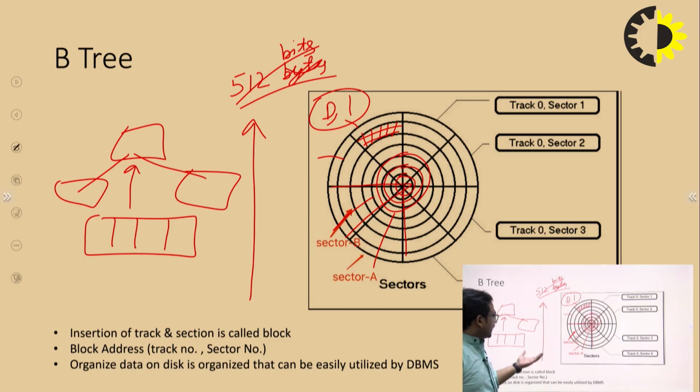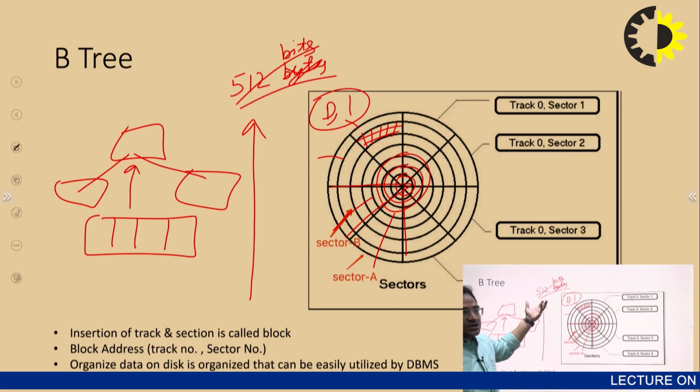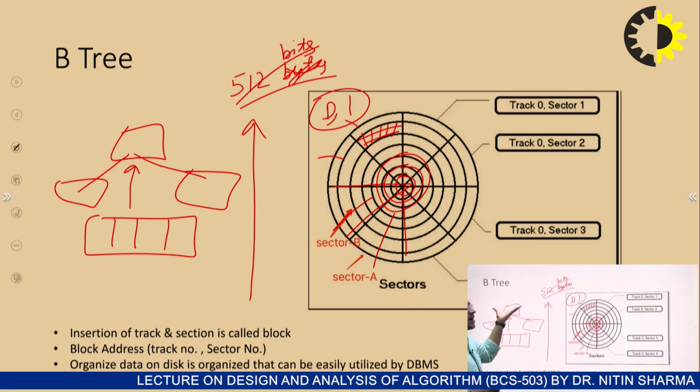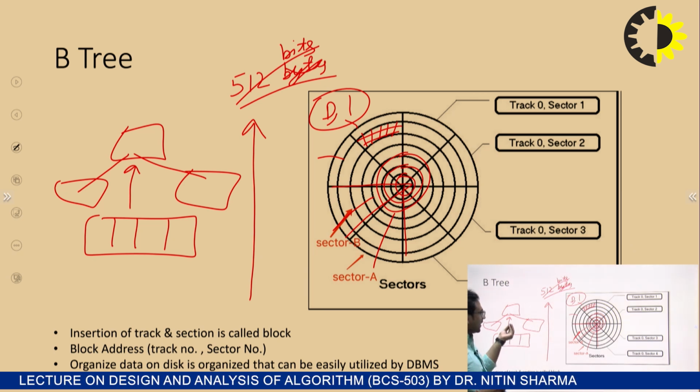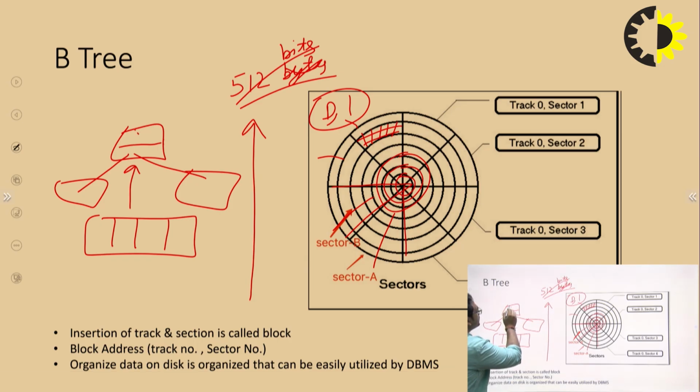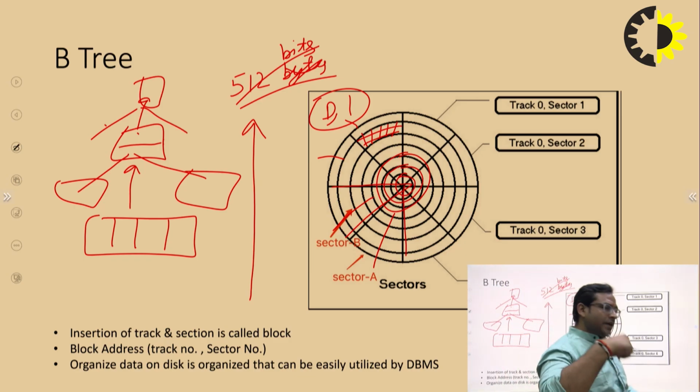Got my point? So it is automatically creating the indexing. Whenever the number of elements is higher at that level, it automatically breaks up and goes to the upside. The median element goes to the upside, and the children are on the left and right side. Again, suppose there are the maximum number of elements here, it automatically breaks up and goes upside. Again, the child is here. Try to understand with my example.